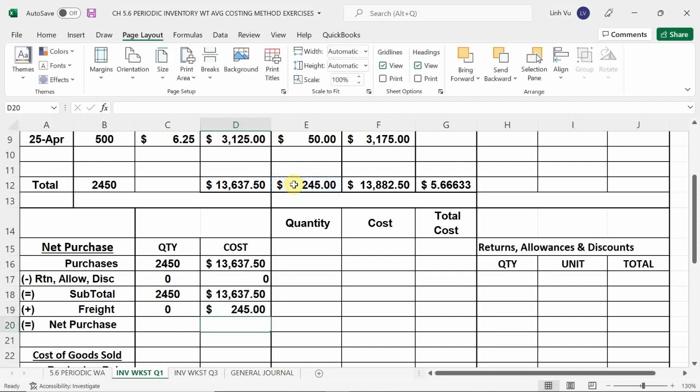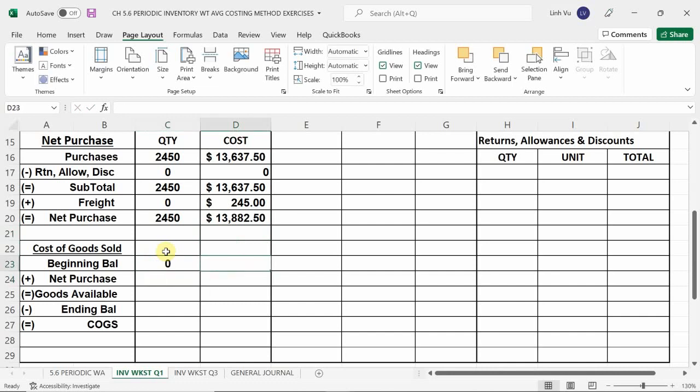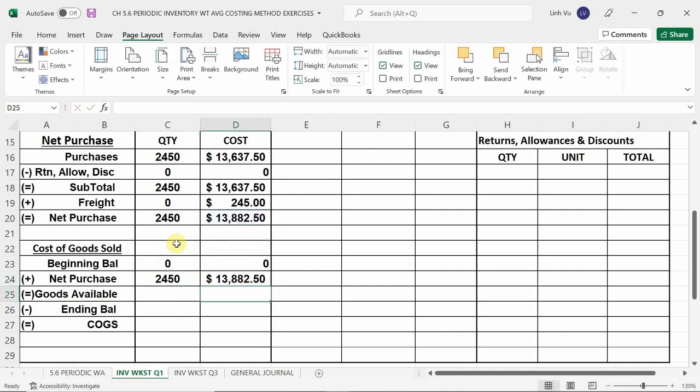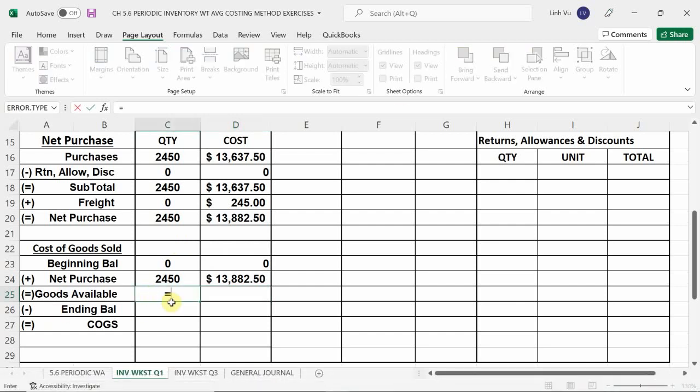Okay, so in this case, we're going to add these numbers up together. So here you go. I get my total net purchases here, right? Because we don't have beginning inventory, I'm going to carry down my values from my net purchases from above. And again, because I have no beginning inventory, my net purchases is just going to become my goods available.